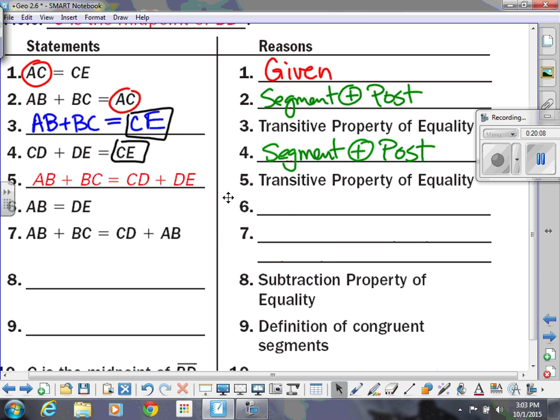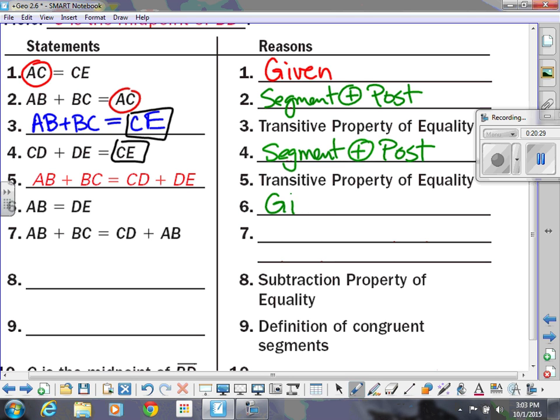AB plus BC is equal to CD plus DE. All right, so that's using the transitive property. So now look what they did. They said AB equals DE. Why would AB equal DE? Oh, well, that's given, isn't it?